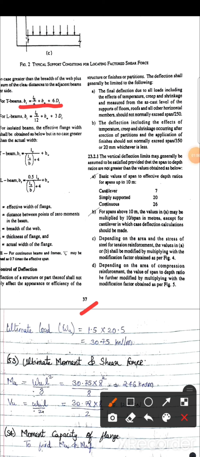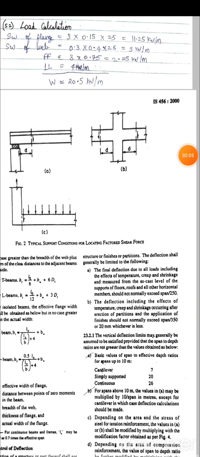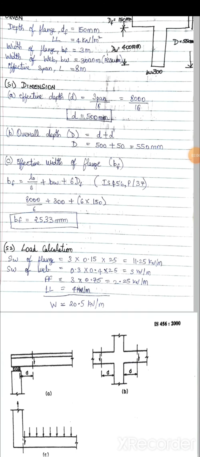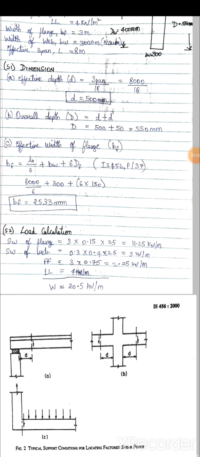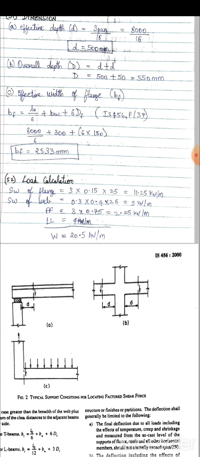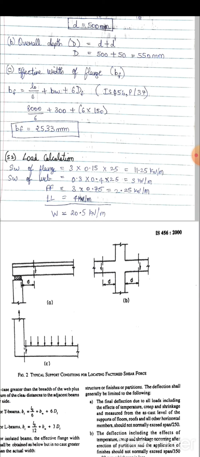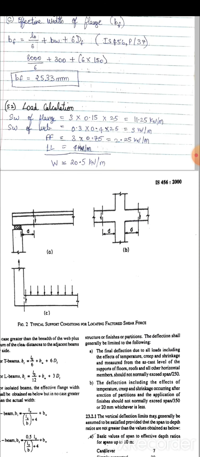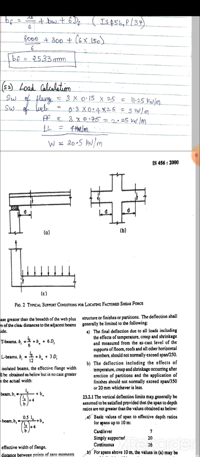Here is the formula for T-beam and this is for L-beam. So T-beam formula is used in this to find breadth of flange. So breadth of flange answer is 2533 mm.